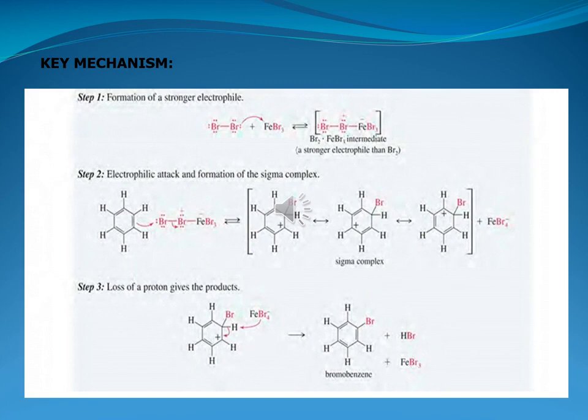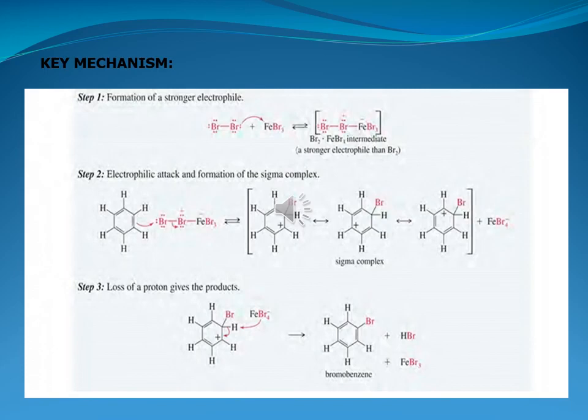In the first step, the lone pair of electrons of the bromine molecule attacks the iron atom of the iron tribromide, which is electron deficient. In this way, a strong electrophilic intermediate is generated.